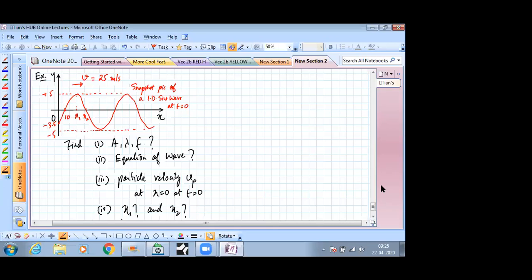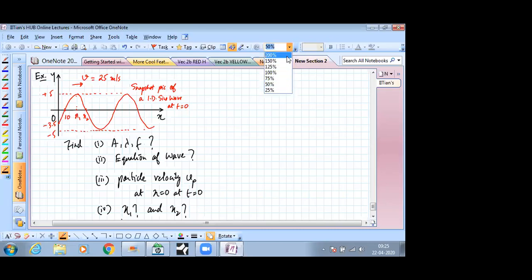Okay, so anyone determined the values so far? One thing you'll realize is in this question, there's very little direct information from the graph.